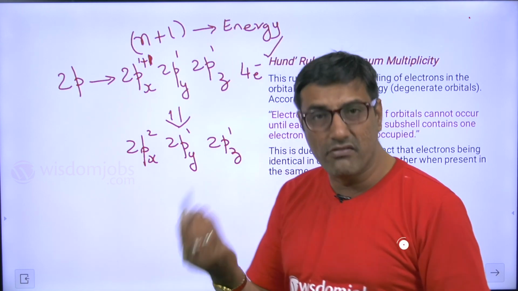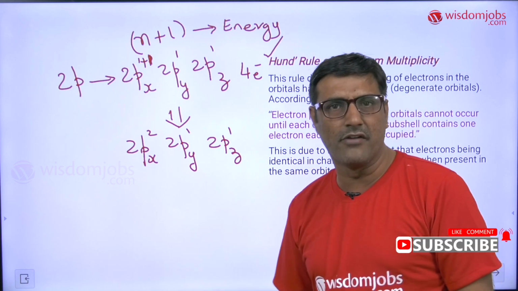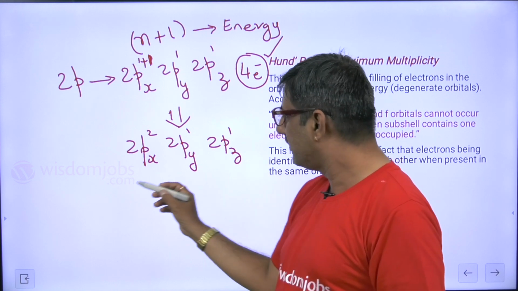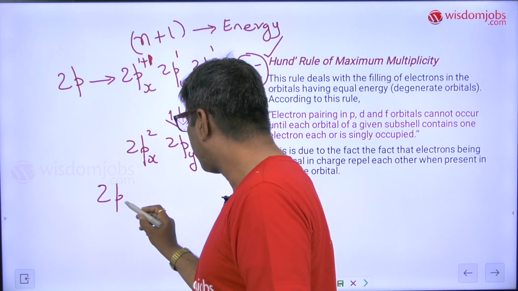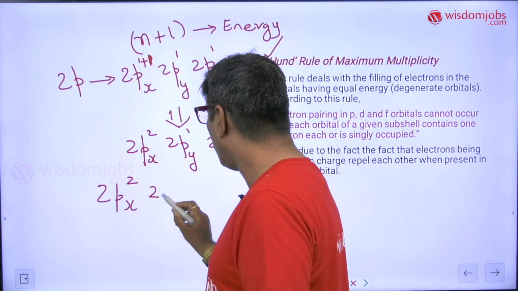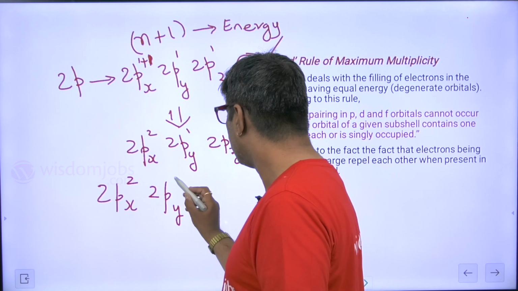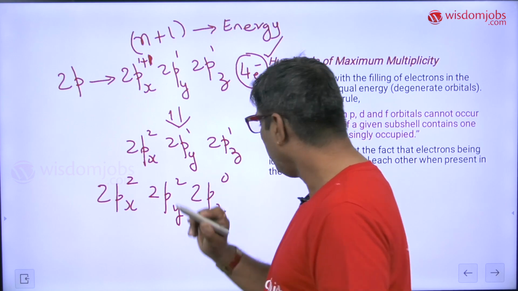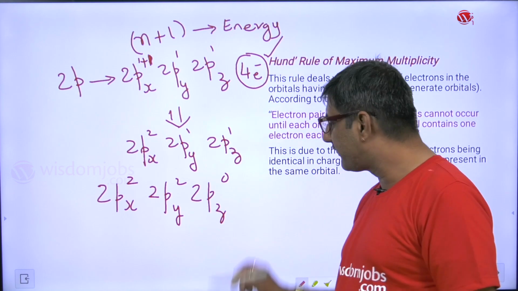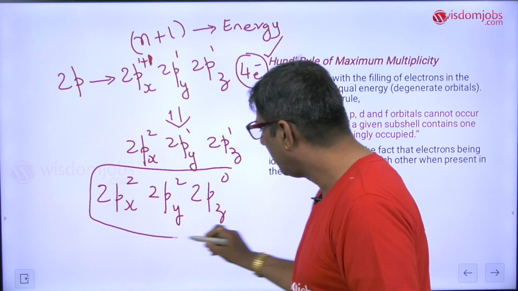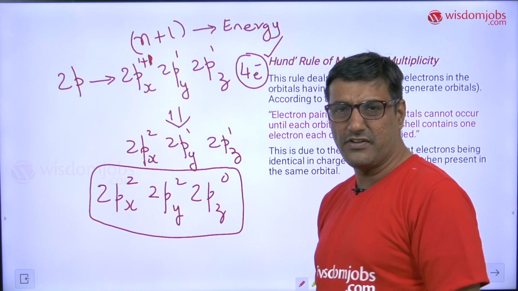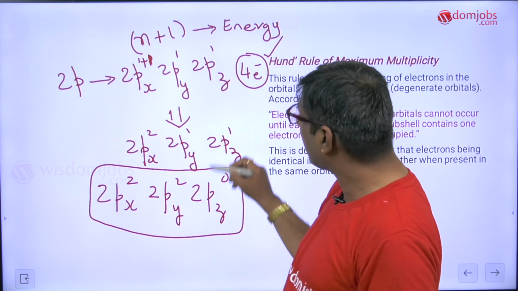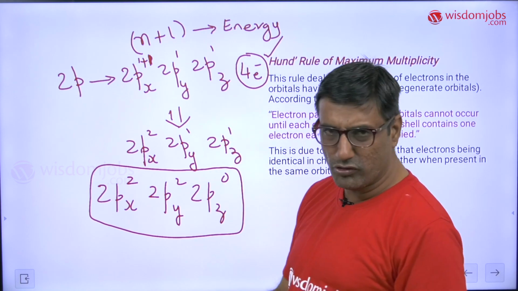Now the incorrect way of writing the electronic configuration is, since I have 4 electrons, to write 2px2 and 2py2 and 2pz0. What you observe in this second configuration is that we are first filling 2px2 and 2py2, and since there are only 4 electrons, no electron is filled in 2pz.